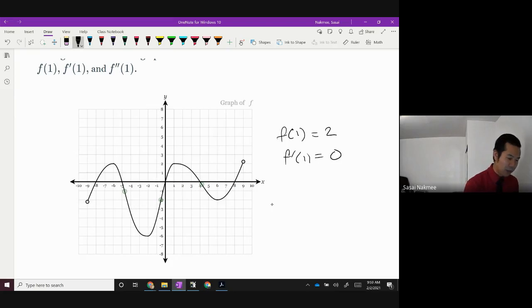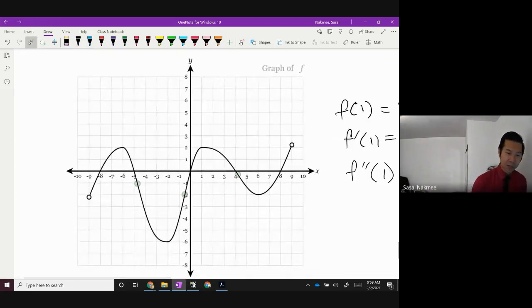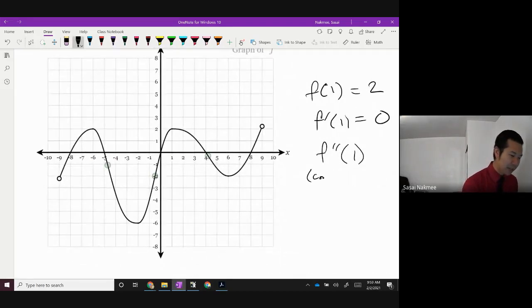Now, here comes the hard question. What can you tell me about the second derivative at that point? Don't think of a numerical value. You won't be able to tell me the exact value of the second derivative there, but you will be able to tell me something about its sign. Look at 1. Remember, what does the second derivative tell you? The second derivative is looking at the concavity. What's the concavity look like at x equals 1?